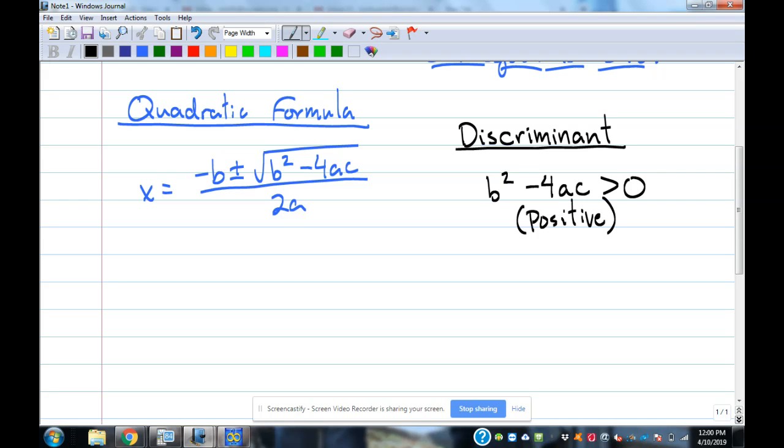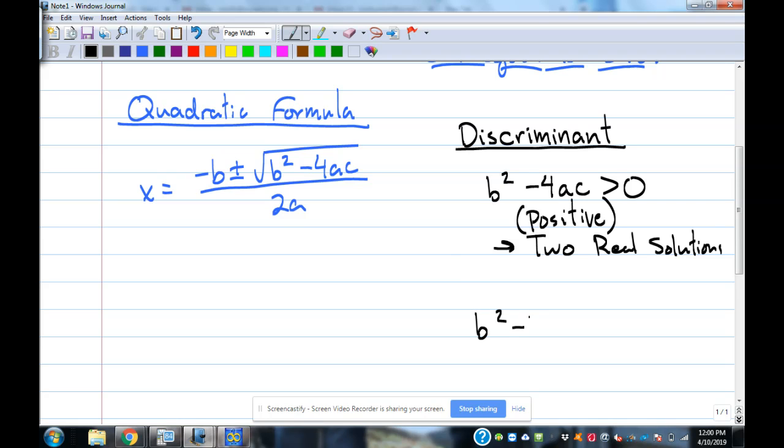What that tells us is that we're going to have two real solutions. We'll get two answers, if b squared minus 4ac is positive.